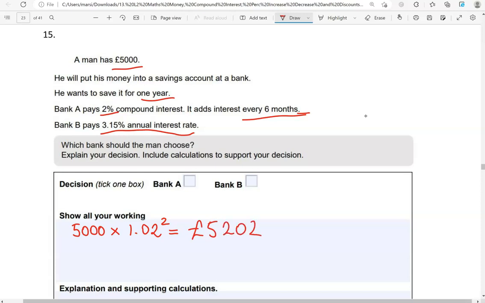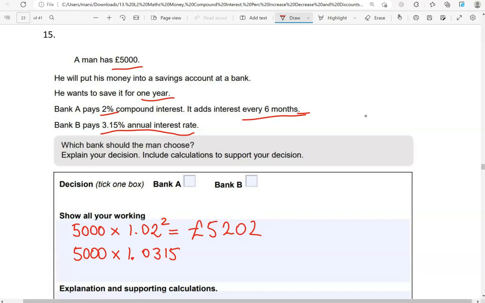And for Bank B, that is now 5,000 times 1.0315. Annual interest rates, so that means this is paid only once a year, and so we could do it to the power of 1, but it makes no difference.